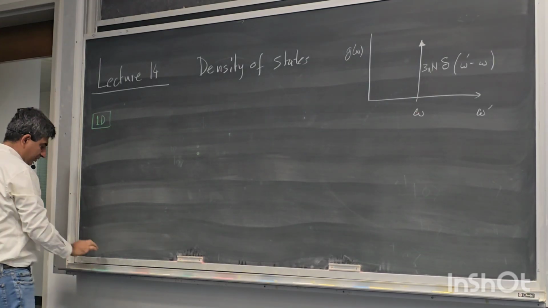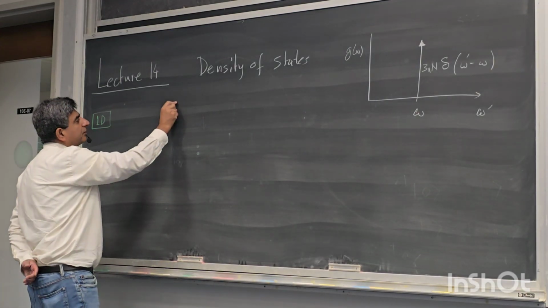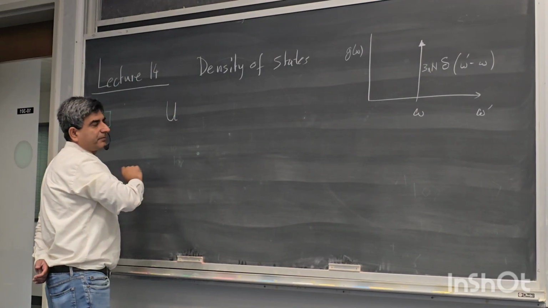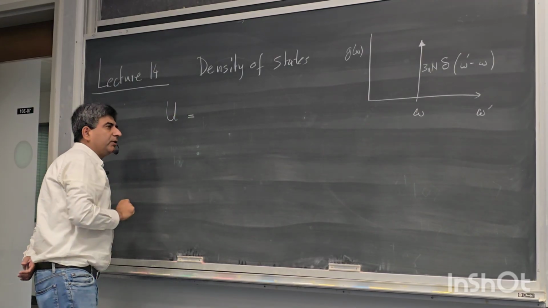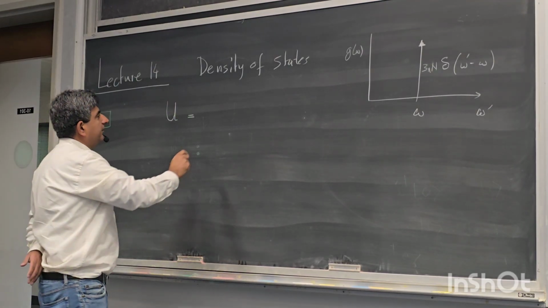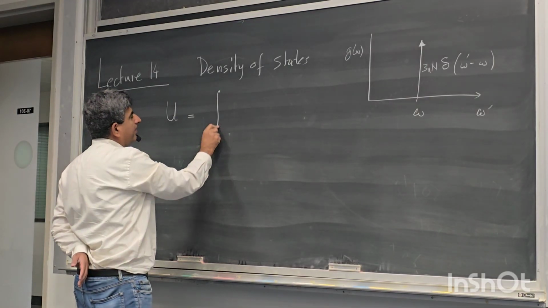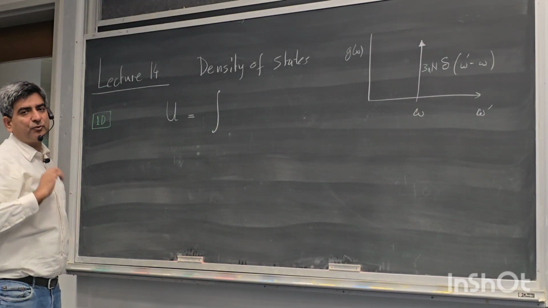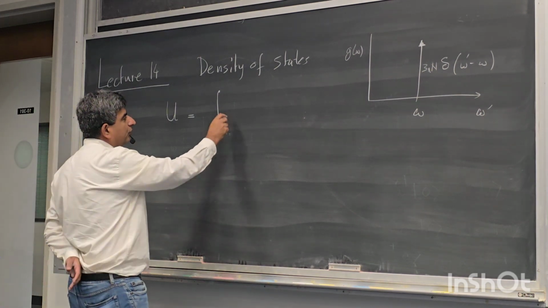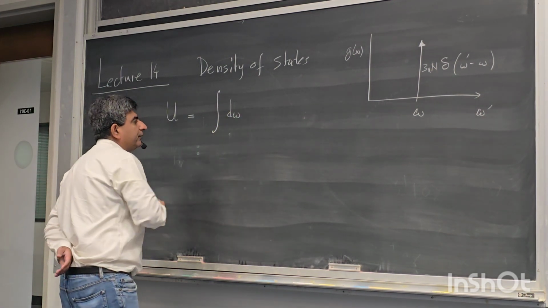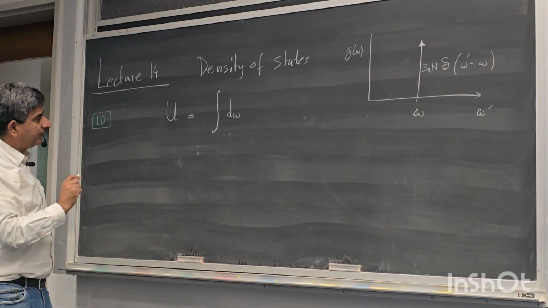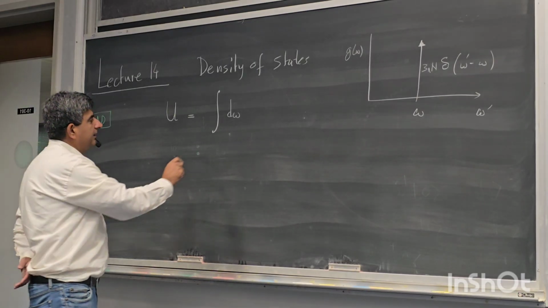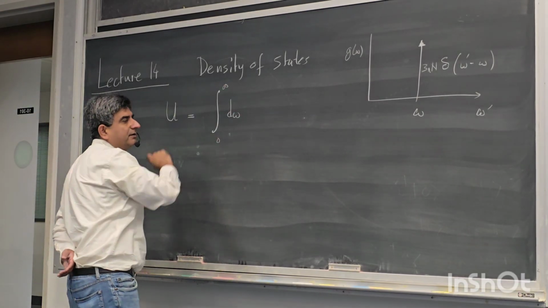And why do we need the density of states? If you want to find out the total energy of a system, what we would normally like to do is integrate over all possible modes, and those modes have frequencies omega. So our frequency is our variable of interest, our running variable omega, and this goes from 0 to infinity.